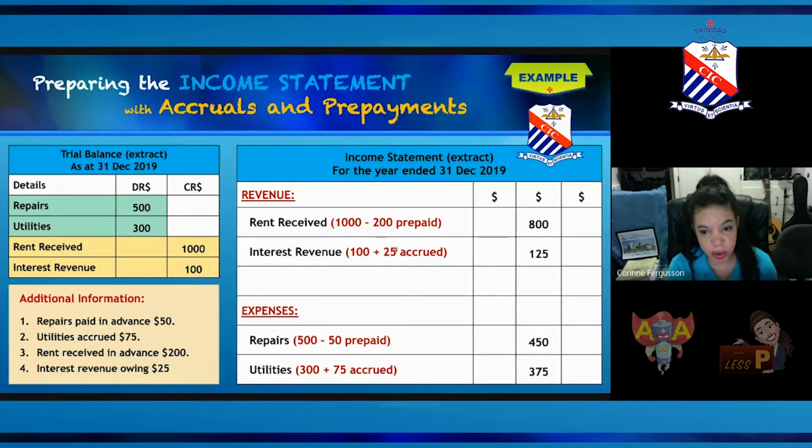That means accrued, so we added it. Where did we get this 100 from? Your trial balance, right? So we're going to emphasize once again, the trial balance is where you find the amounts paid and the amounts received. And the notes tell you which accrual and prepayment, if there's an accrual and prepayment for it.